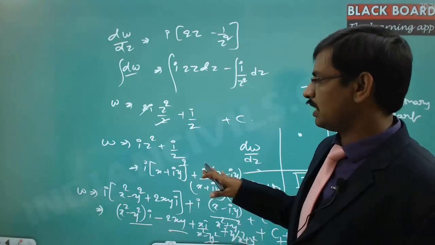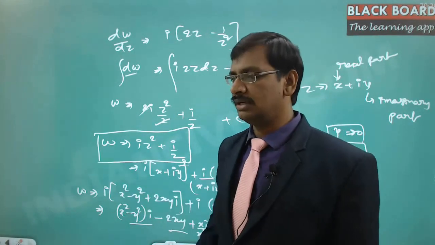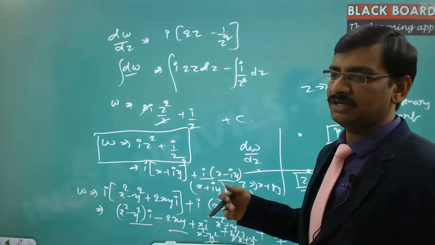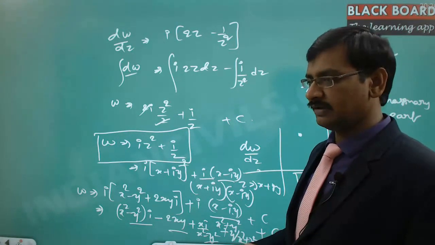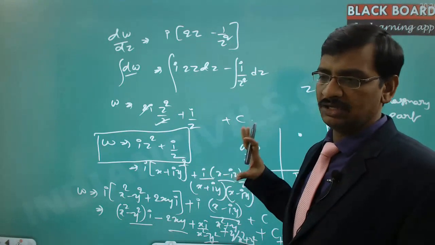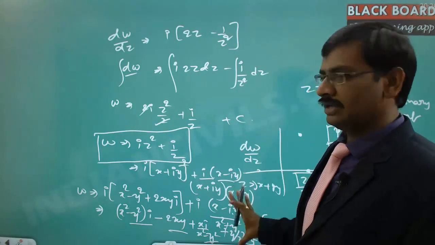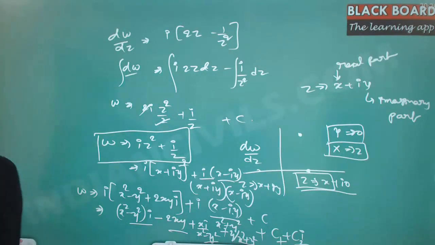Got it? So this way, Milne-Thomson's method is a simplified method to identify the real part if the imaginary part was given, or to identify the imaginary part if the real part was given. But essentially, if the function is analytic and the CR equations are satisfied, then only can you opt for this particular method. This is also one of the methods.